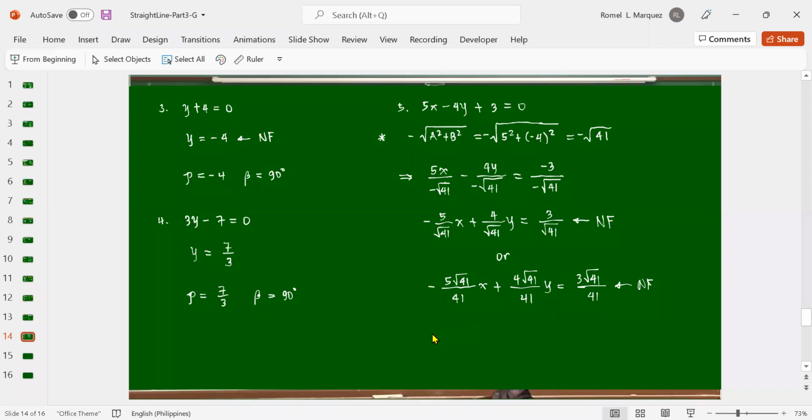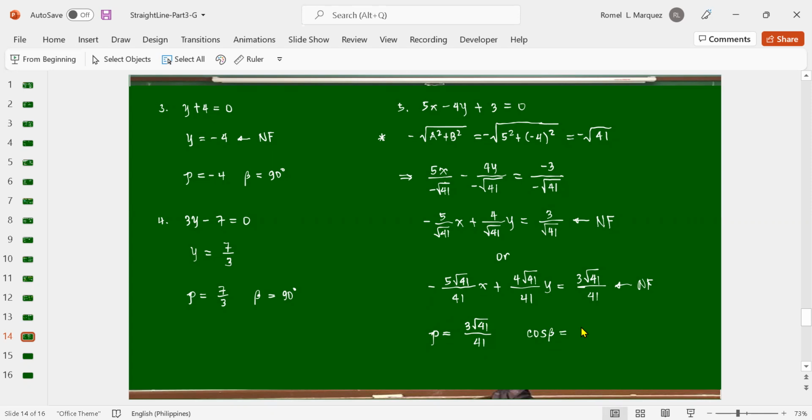Since p is positive, it means the line is above the x-axis. Okay? So we have 3 square root of 41 over 41, the p. What about beta? You solve for beta from cosine, not from the sine, so that it will give you the correct quadrant.